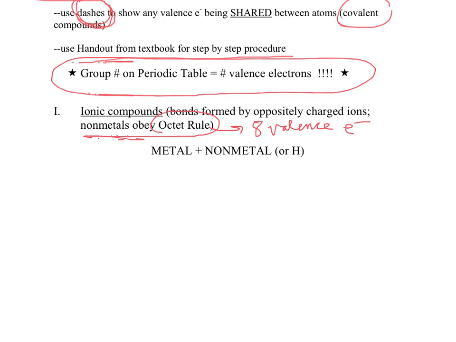It's always going to have 8 electrons drawn around it, okay? You don't see that for the metals, because remember that what they're doing is losing valence electrons, but the nonmetals are going to be gaining electrons, and so you're going to have 8 electrons show up.